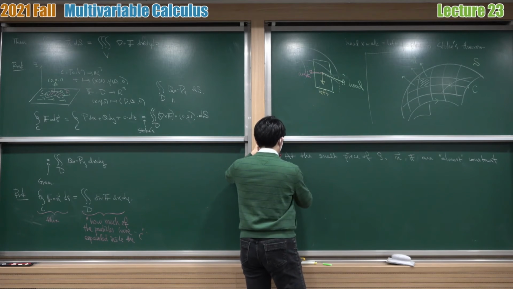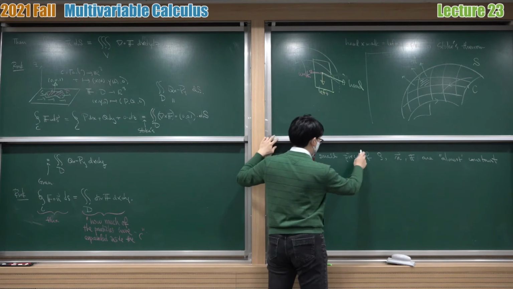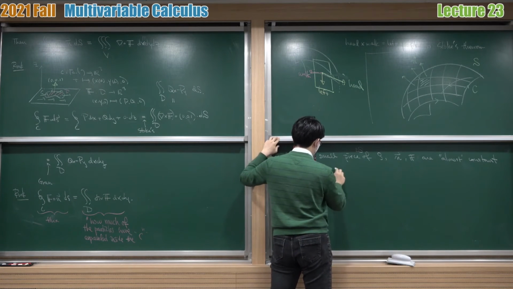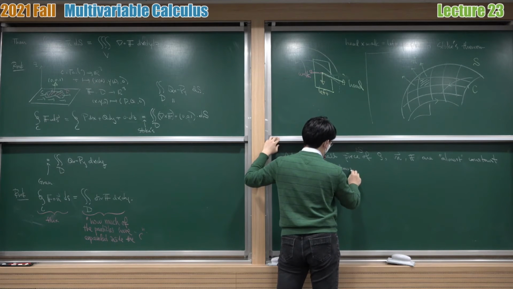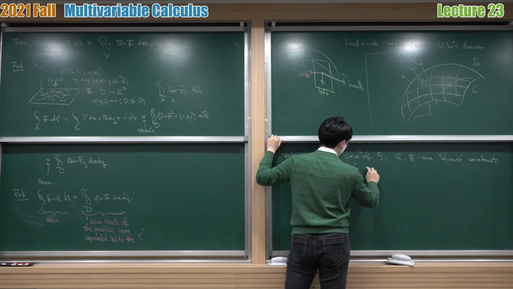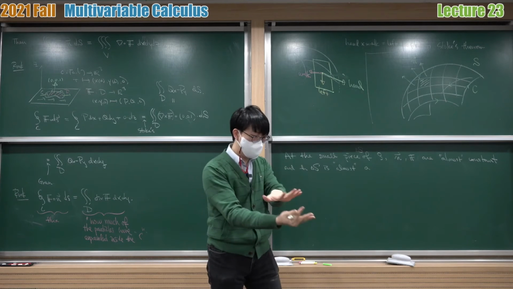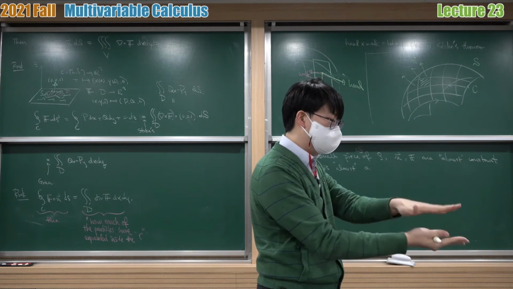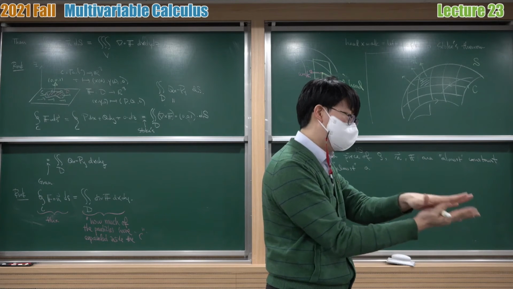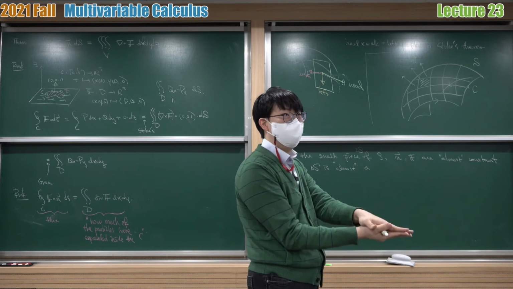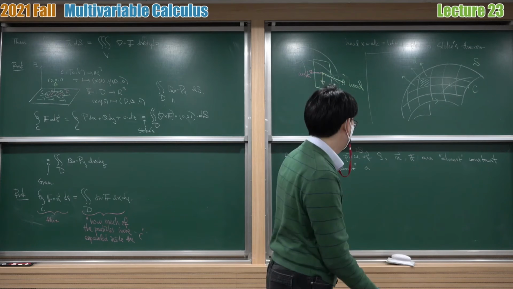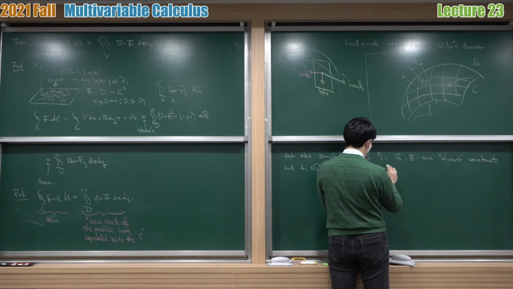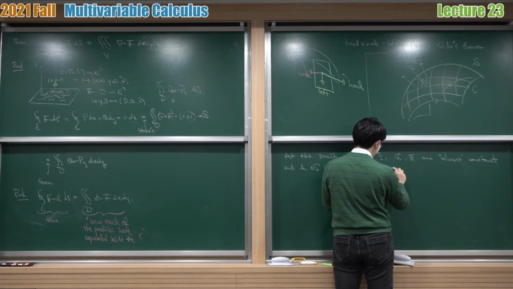And let's say the small piece is delta S. Delta S is almost a what? So you have a curved surface, but if you enlarge this surface, it almost looks like a flat surface, like a flat plane, almost a flat planar piece.